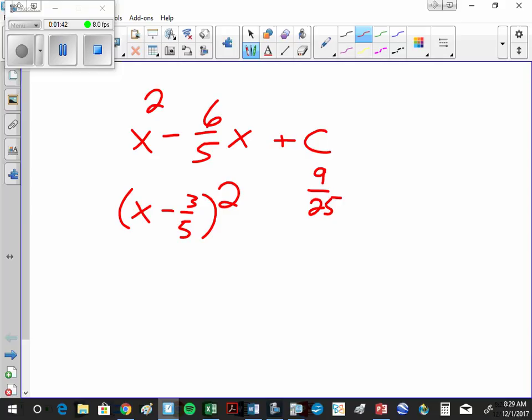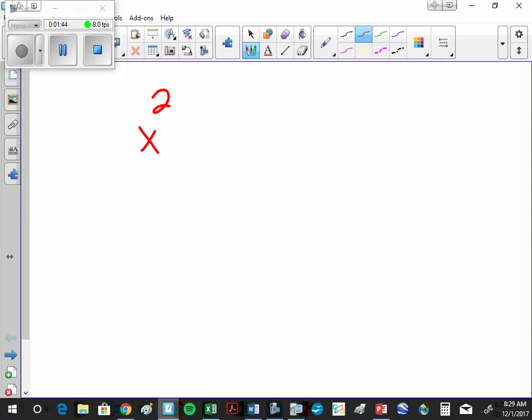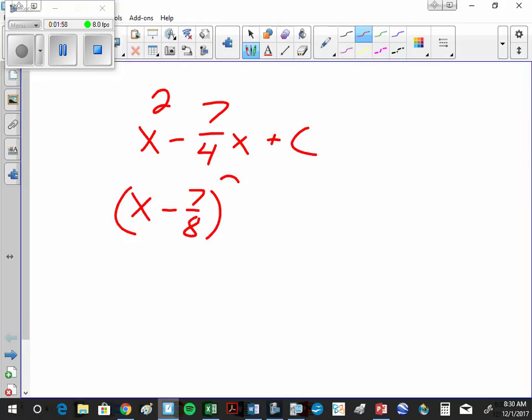Okay. What if you can't cut the top in half? So in this case, we don't want to write 3.5 over 4, so instead we double the bottom. And I get x minus 7 over 8, and c is going to be 49 over 64.